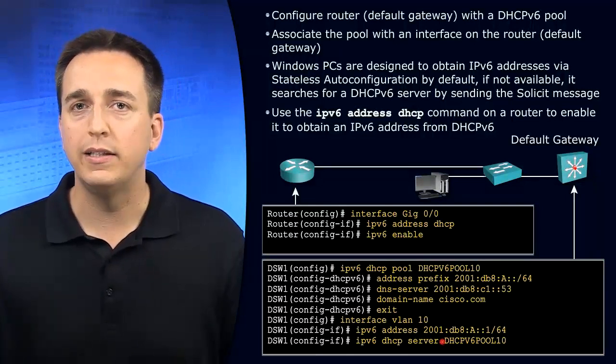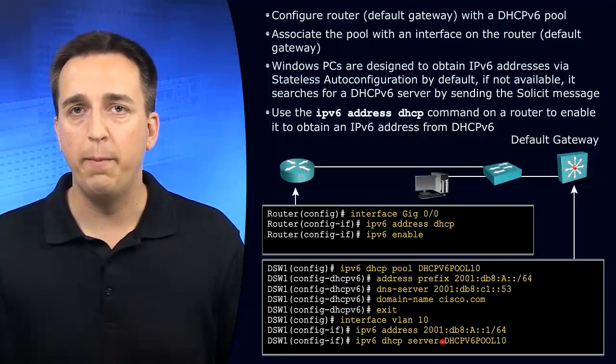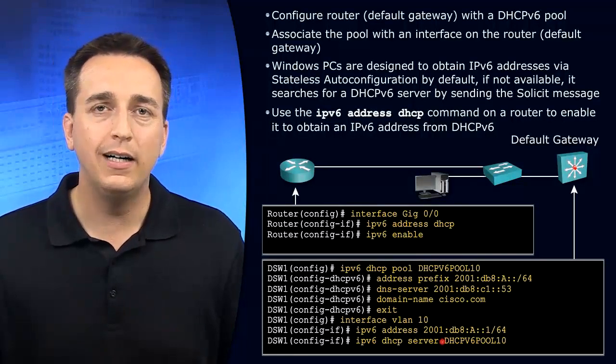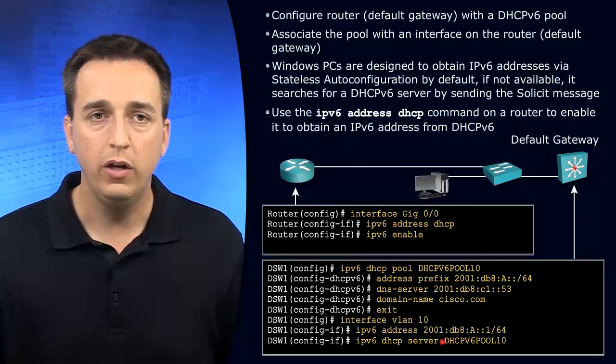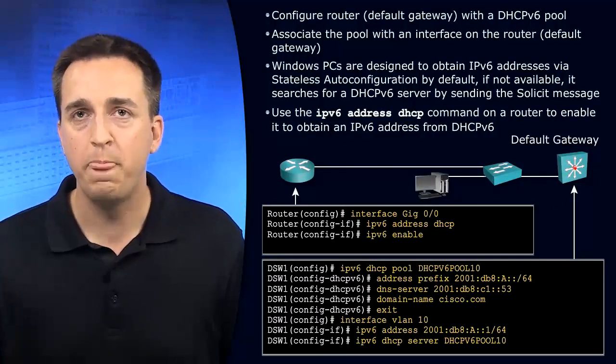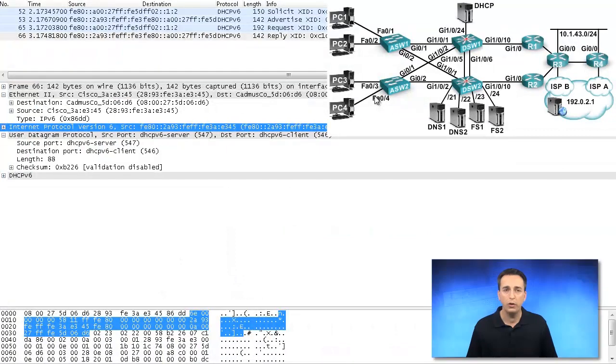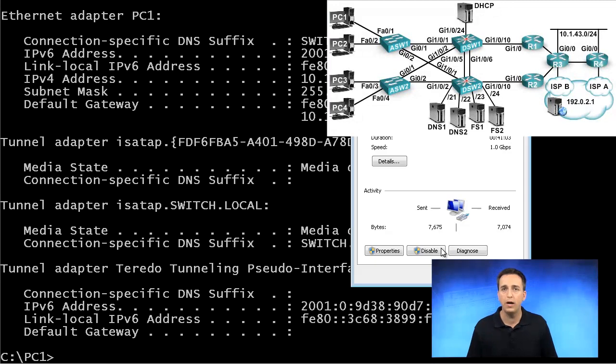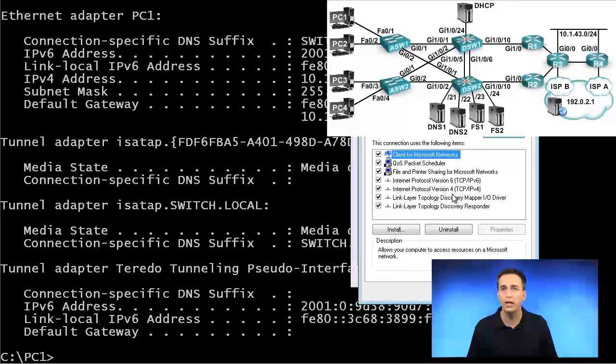So our clients, if we want them to utilize DHCP, we will have to set them up to use DHCP. So we'll go to PC1 in our environment, and on PC1 we'll open up the TCP/IP properties, click on properties, click on TCP/IPv6.